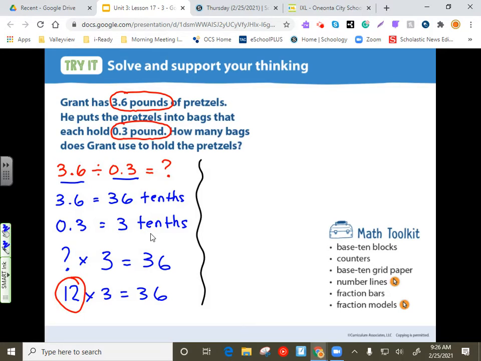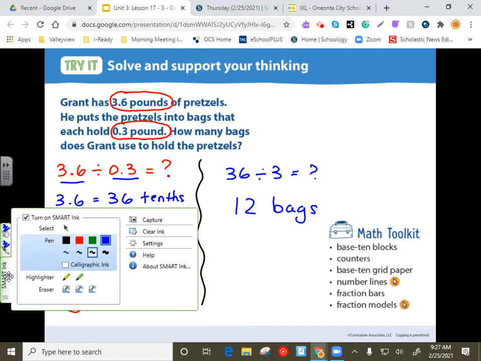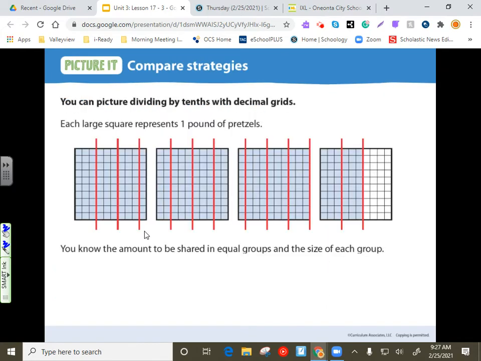Or you can write 36 divided by 3 equals something, and do that in your head. At this point we should know our 12 facts, and we know the answer is 12 bags. So you've got two different ways you can do it. Either way should work. All right, let's go and look at the next page.